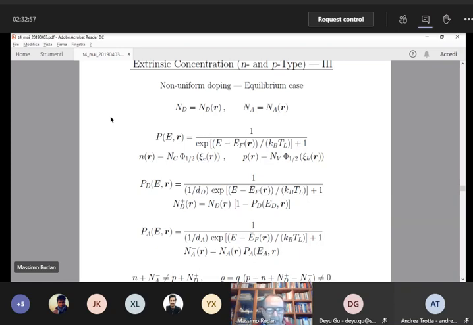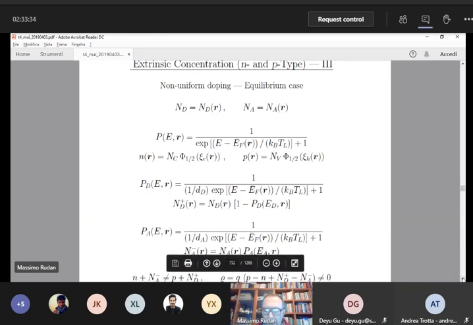What we find is an expression of the concentration that is, again, the effective density of states NC times the Fermi integral of order 1/2 of some parameter psi e that depends on position, because the original Fermi statistics also depends on position. So formally nothing changes. Similarly, we have p of r equal to the Fermi integral of psi h of r.